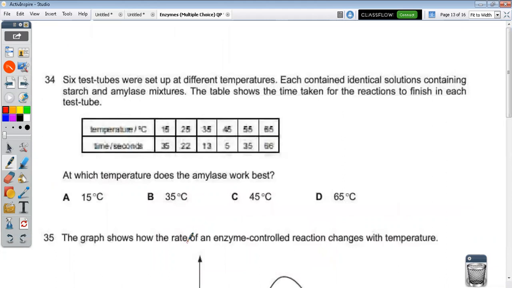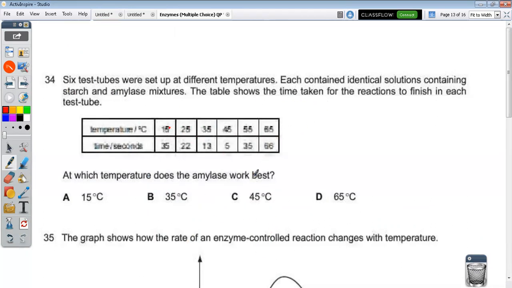6 test tubes were set up at different temperatures. Each contained identical solutions containing starch and amylase mixtures. The table shows the time taken for the reaction to finish in each test tube. At which temperature does amylase work best? You use this table.